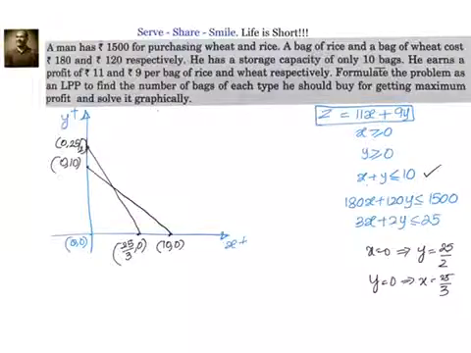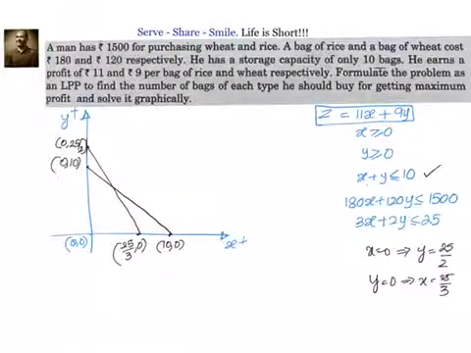Now we have to understand whether the feasible region is bounded or unbounded. So let us take x plus y less than or equal to 10. Now how to find out where the region will be? Substitute (0, 0): 0 plus 0 less than or equal to 10. That means the solution for this linear inequation is towards where the origin is.